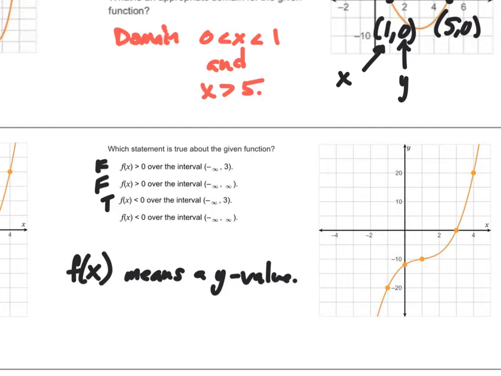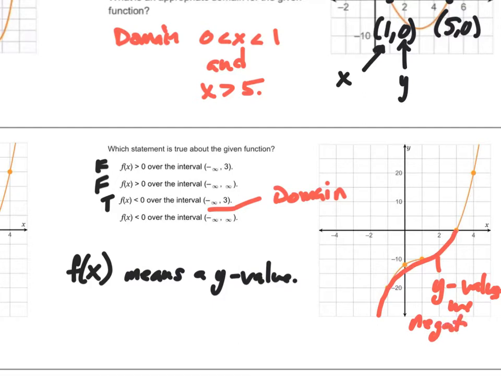This part right here is your domain. It's asking about what's going on with the y values over those given x values. What I know is that these y values are negative, and these y values here are positive, and we go from negative infinity to positive 3.